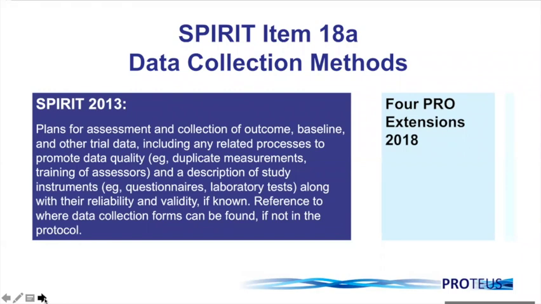So the SPIRIT 2013 statement stated that plans for assessment and collection of outcome, baseline and other trial data, including any related processes to promote data quality, and a description of study instruments along with their reliability and validity should be specified if known, and reference to where data collection forms can be found if not in the protocol. There are 4 PRO extensions relating to this particular SPIRIT 2013 item, which I'm now going to describe in more detail to you.